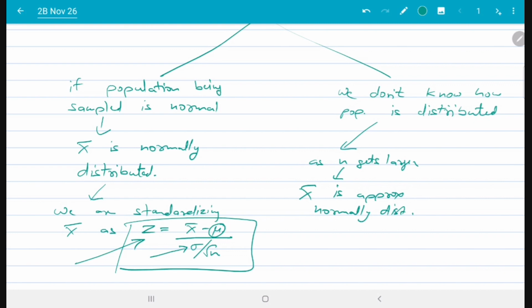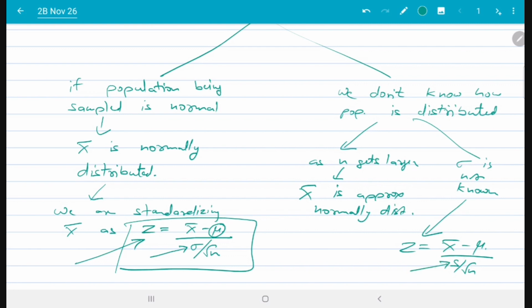The confidence intervals again would be approximate, and sigma is not known. So Z being standardized according to this expression, this also adds.